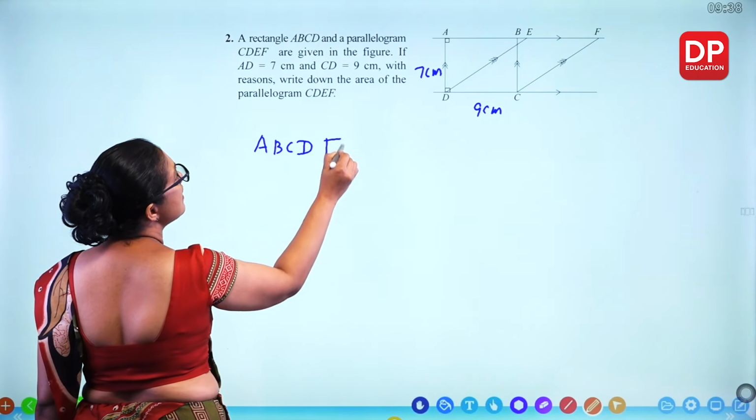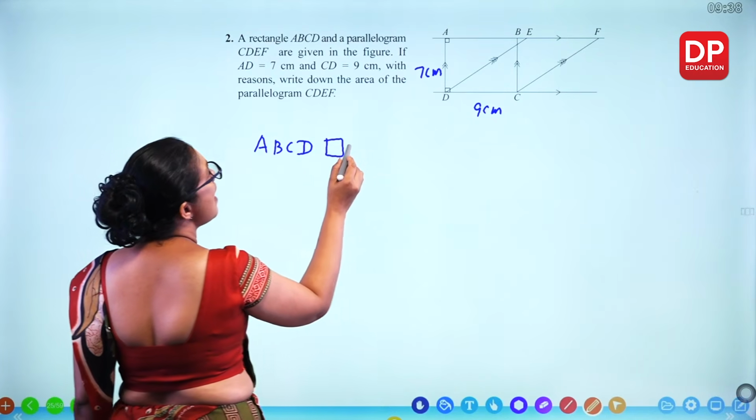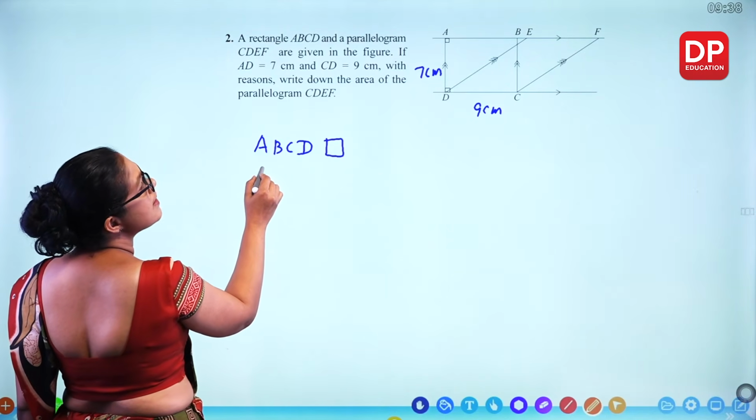So we can say ABCD rectangle and what's the other one?